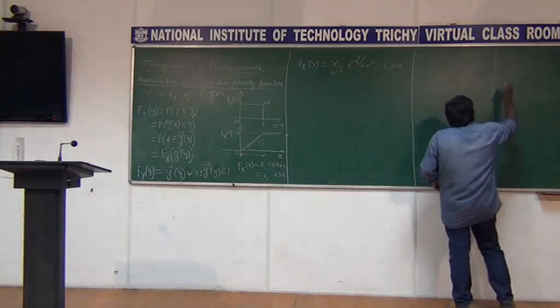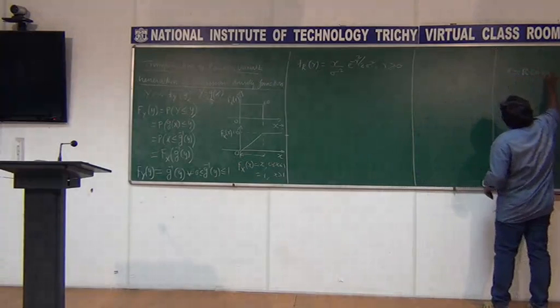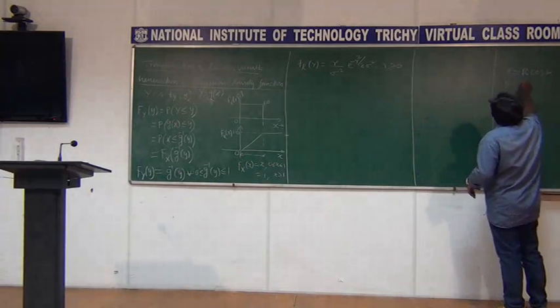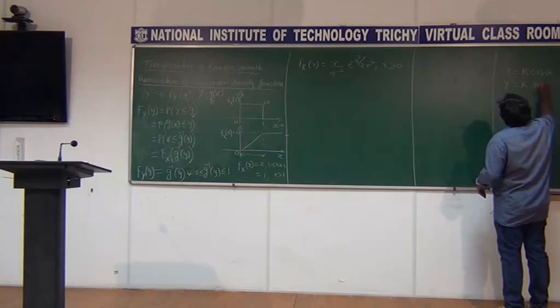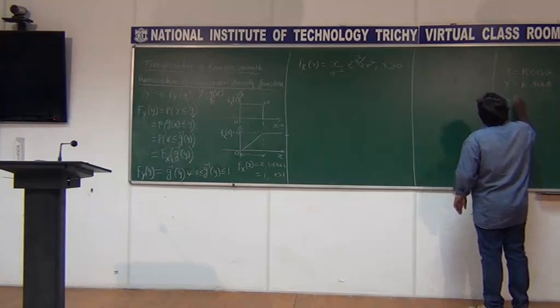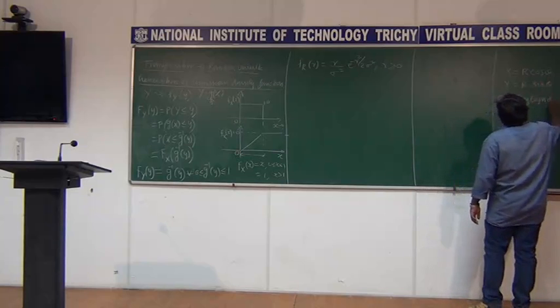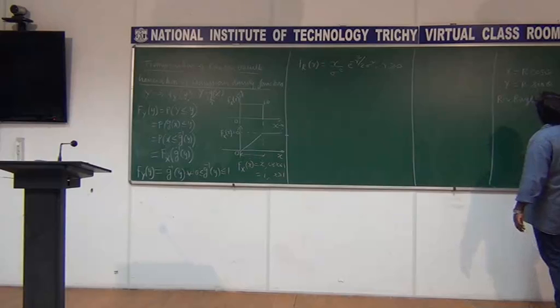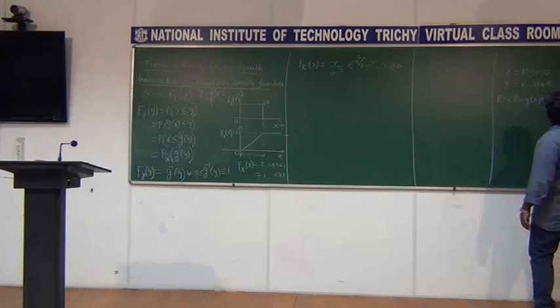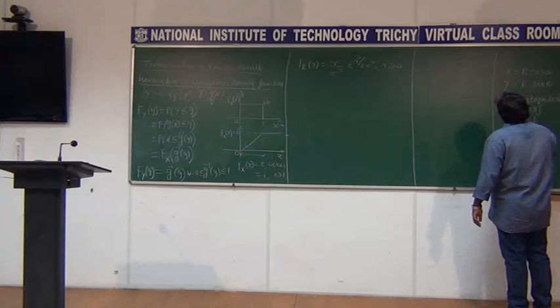Right? So we have something like, x equal to r cos theta and y equal to what? r sin theta. Right? This R is Rayleigh distributed, and this theta is uniformly distributed between 0 to 2 pi.